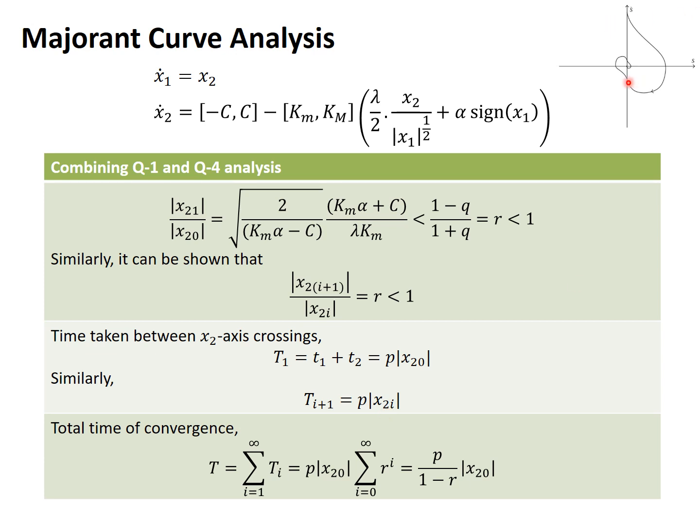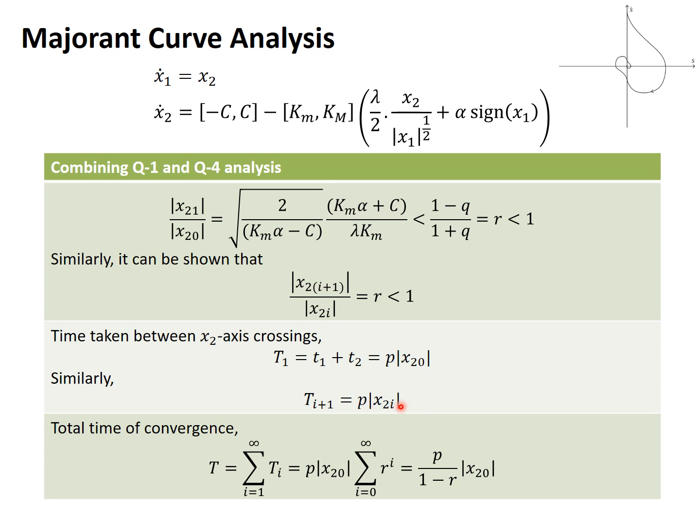So, T2 will be P mod x21. The total time of convergence is the summation of Ti. The summation of Ti will be P x20 plus P x21 plus P x22, like that.